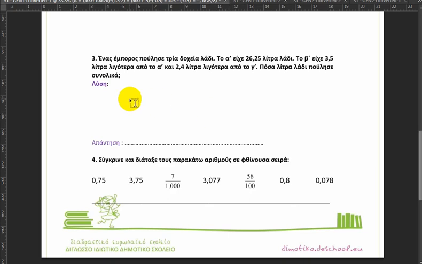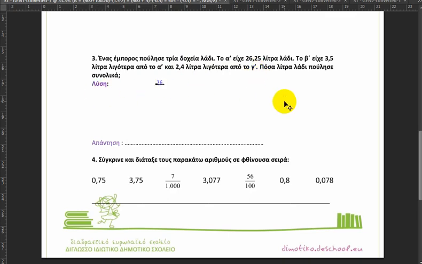Okay, so here we had three jugs of oil being sold. One is 26.25, the other one is 3.5 less than A, and then the third is 2.4 more than B. So how much is that overall?